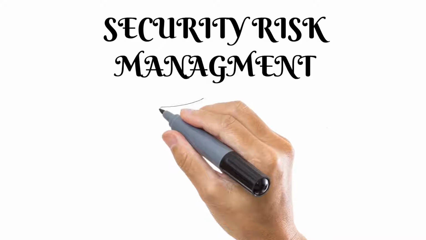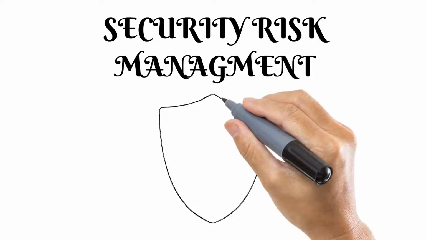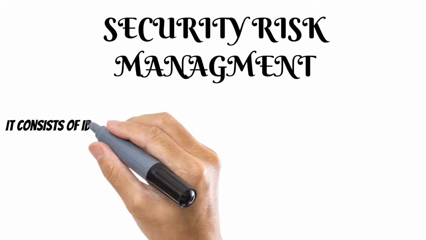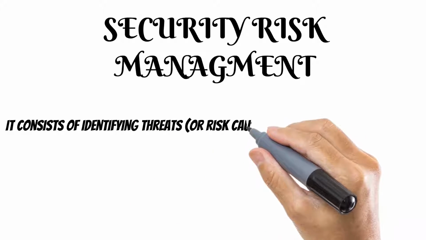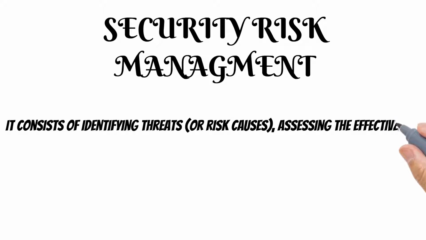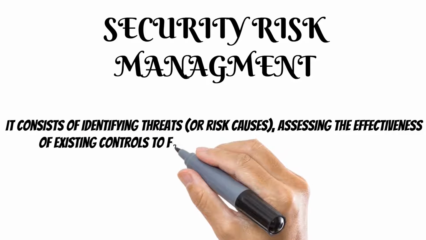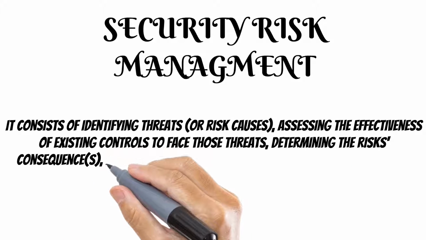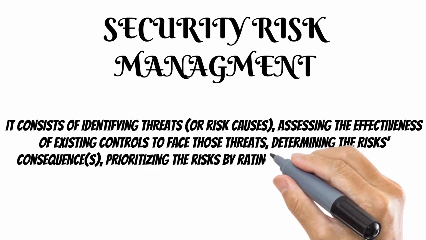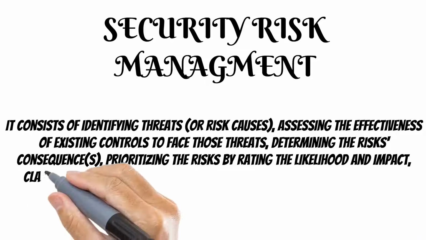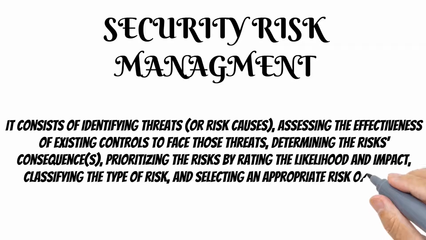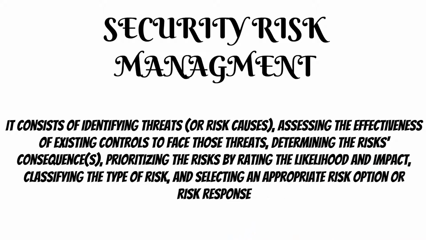The management of security risks applies the principles of risk management to the management of security threats. It consists of identifying threats or risk causes, assessing the effectiveness of existing controls to face those threats, determining the risks, consequences, prioritizing the risks by rating the likelihood and impact, classifying the type of risk, and selecting an appropriate risk option or risk response.